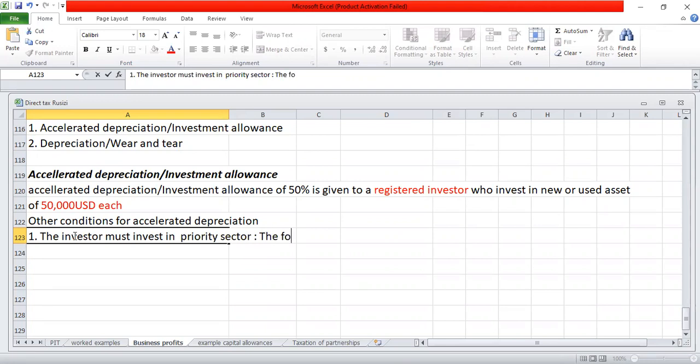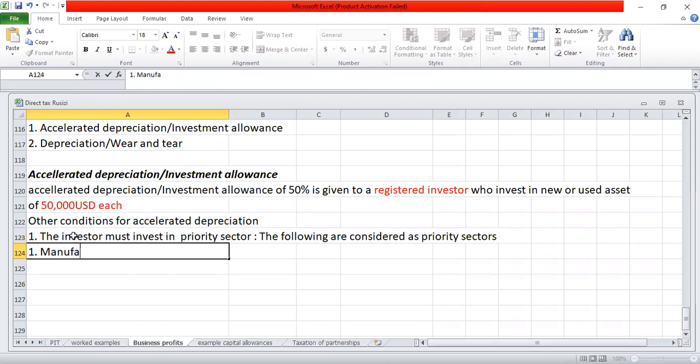The following are considered as priority sectors. Number one, manufacturing. If you are investing in manufacturing, that one is a priority sector. Number two, energy, production of energy, that one is also a priority sector.